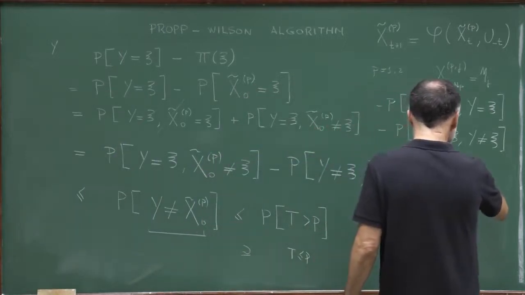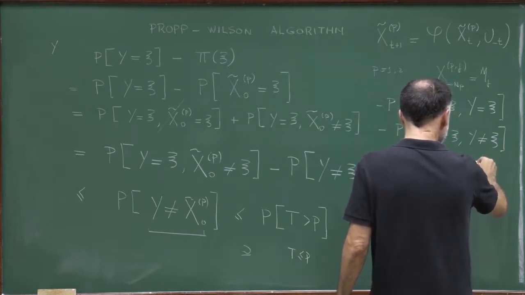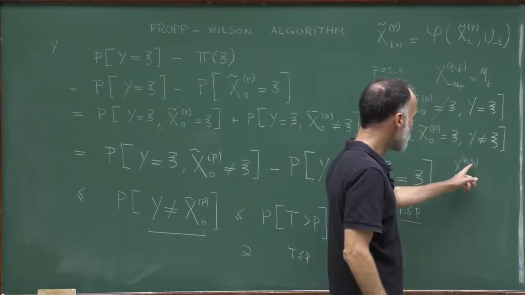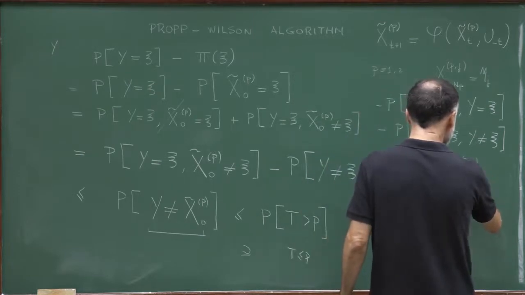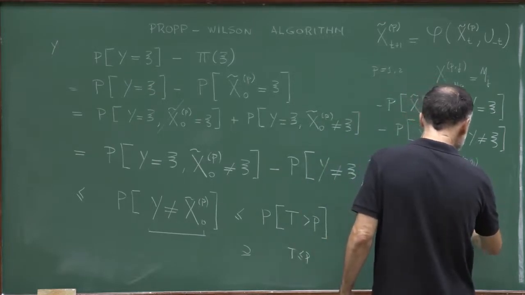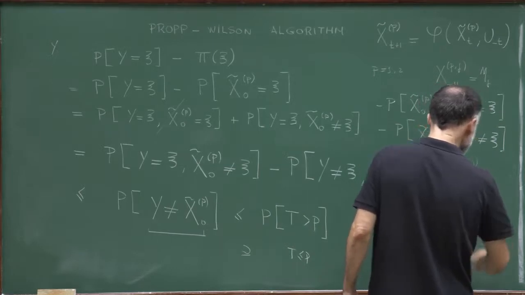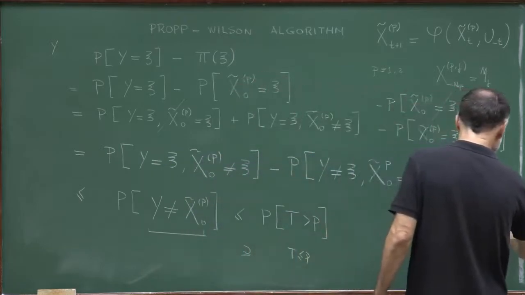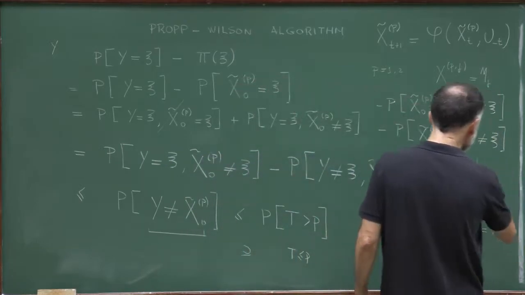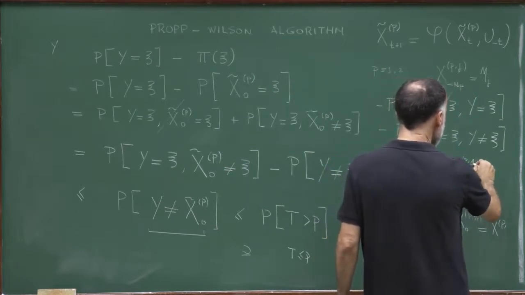It means that whatever initial configuration I choose at time minus np, when I reach time 0, all these configurations are equal. All these configurations x p eta 1, now I'm representing by eta 1 what before I represented by 1.